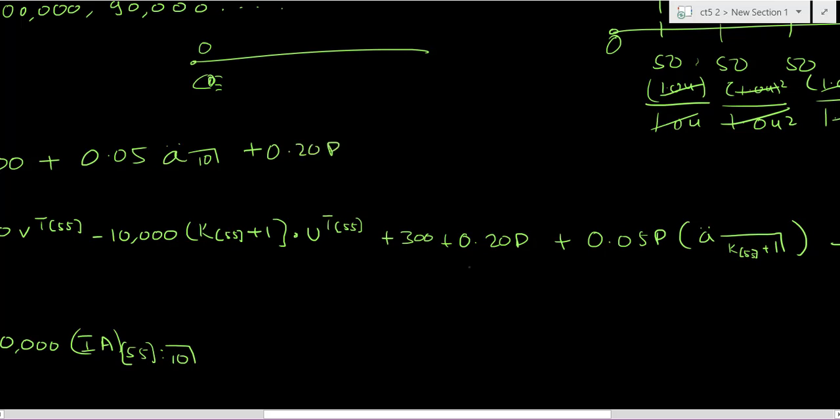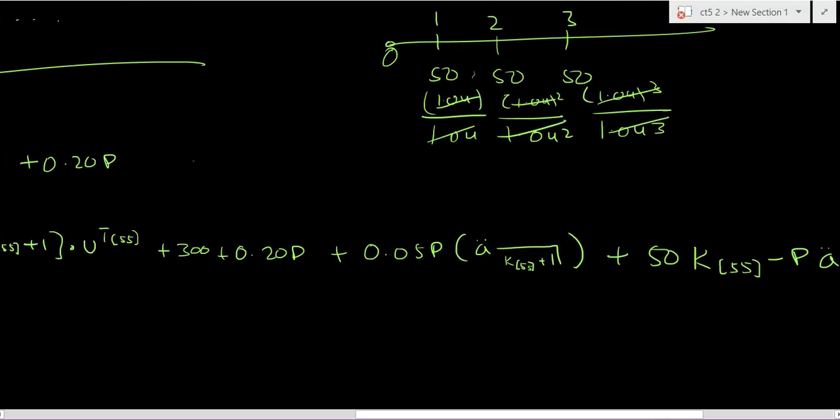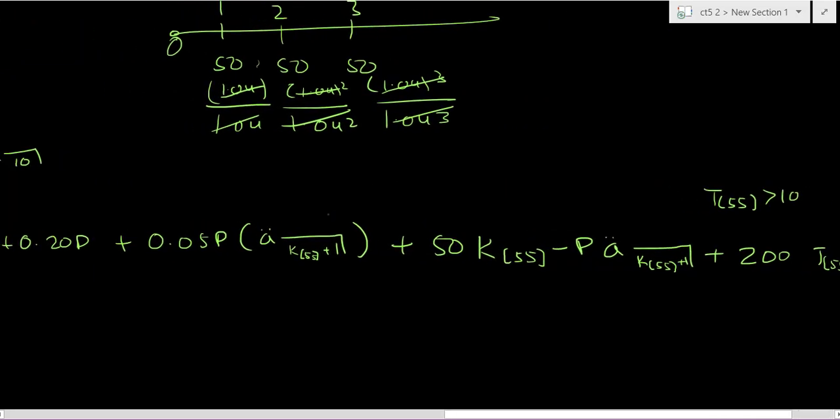These all are the same. Okay, and then from it you'll have to deduct the premium, which would be P into a due 10 again, right? And there would be no claim expense.